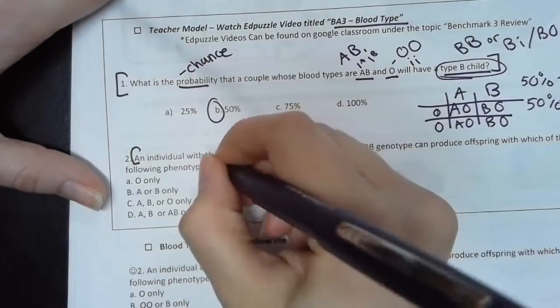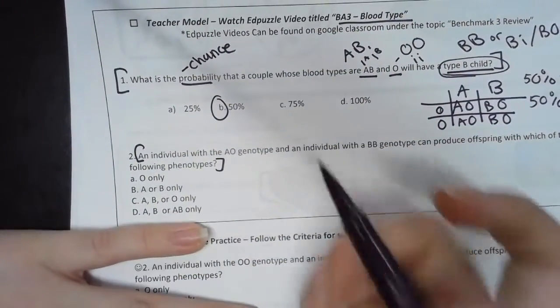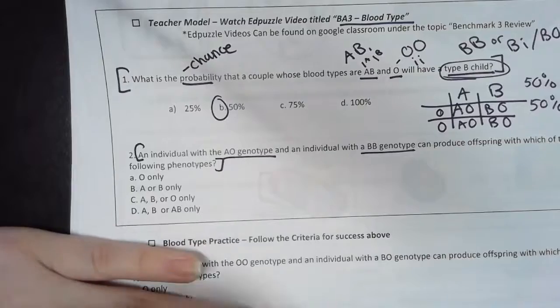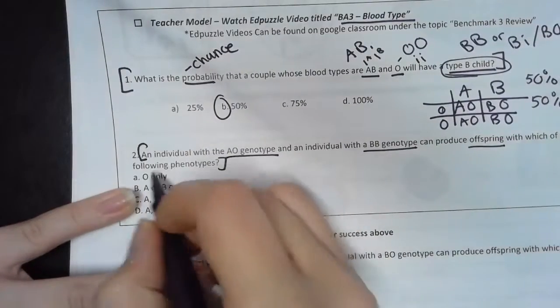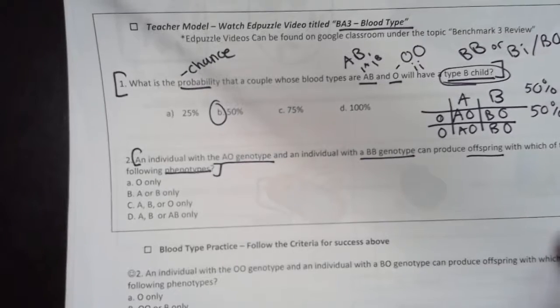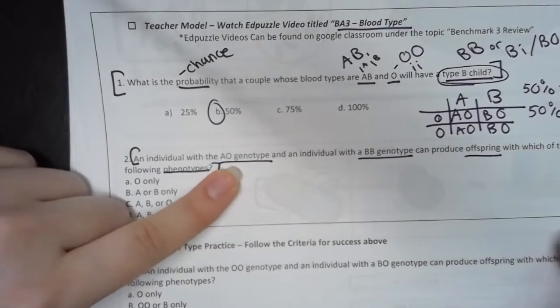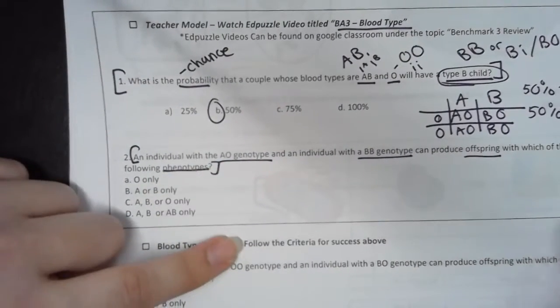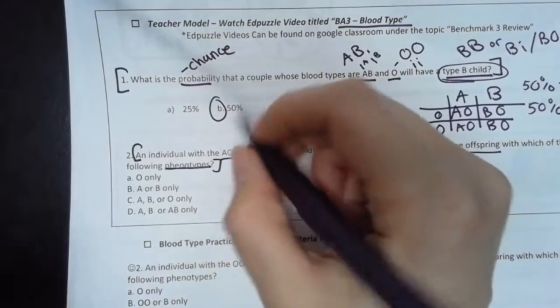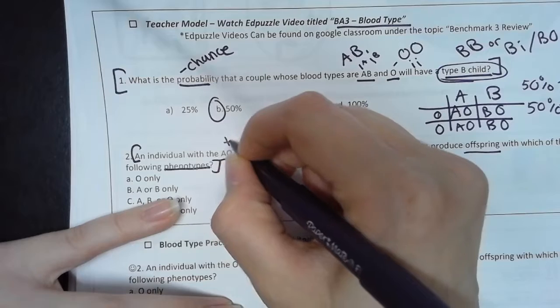An individual with the AO genotype and an individual with a BB genotype can produce offspring with which of the following phenotypes? All right, I bracketed, I underlined the words. Here we go. AO genotype, remember this is just type A. This is type A heterozygous.